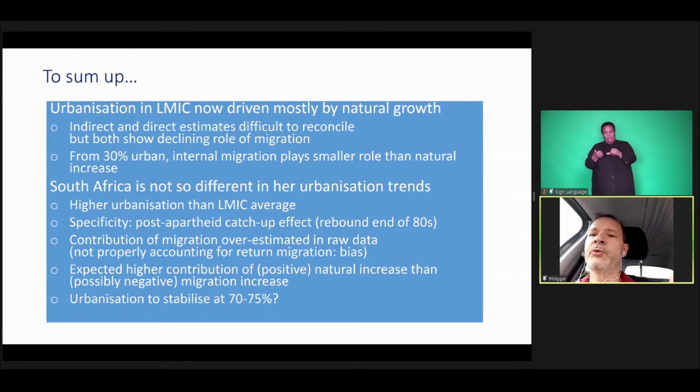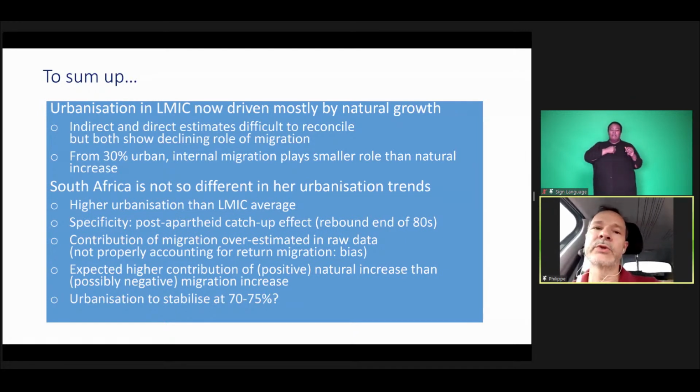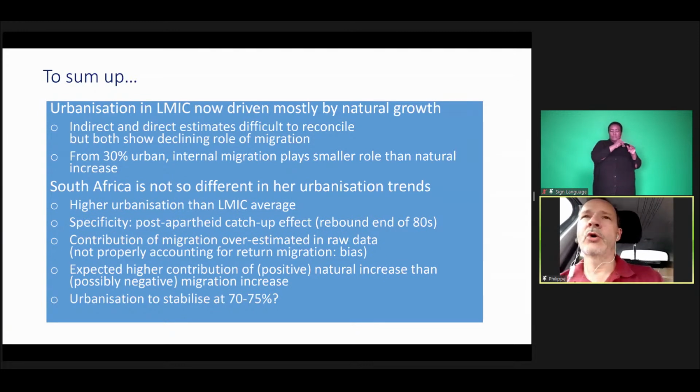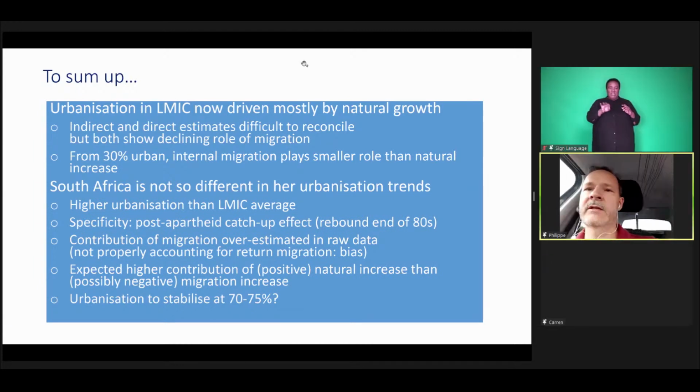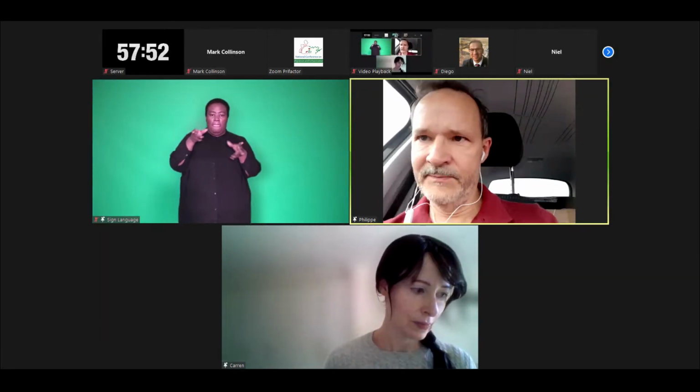Okay, but we expect a higher contribution in the future of natural increase, and possibly a negative migration contribution. And my last comment is that my guess is that urbanization would stabilize at around 70 or 75% in South Africa. Thank you for your attention, and sorry for the speed.